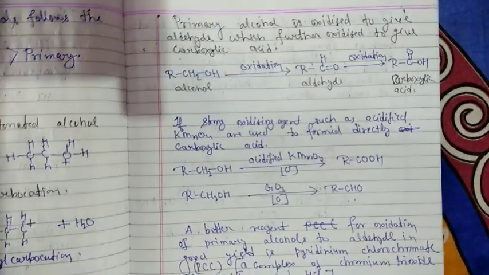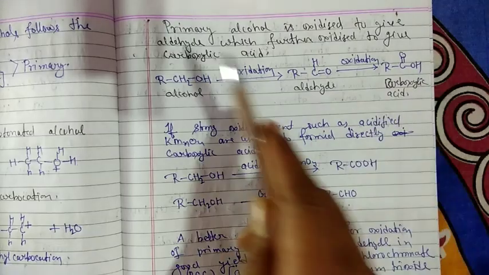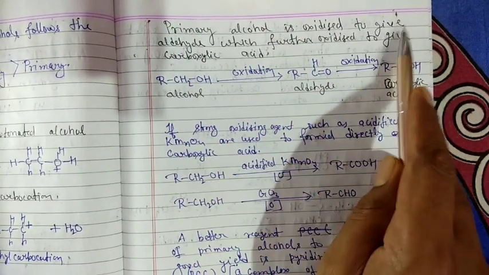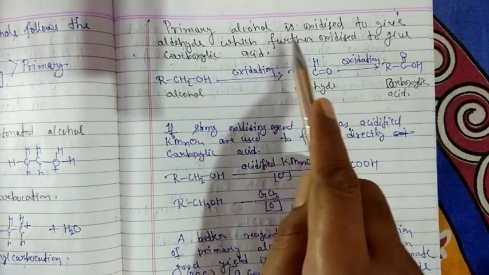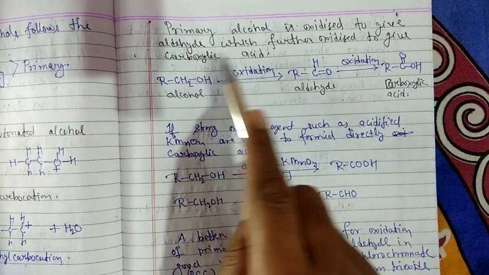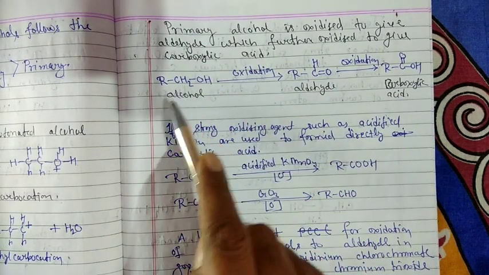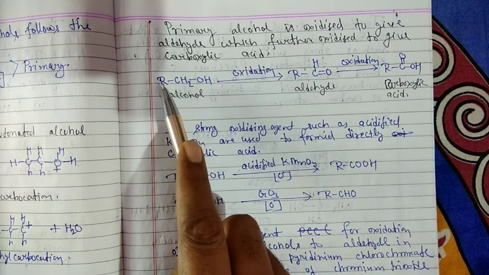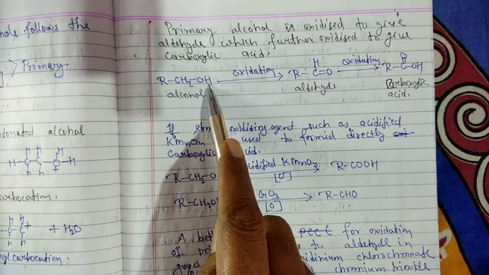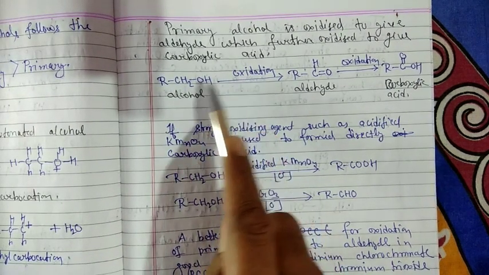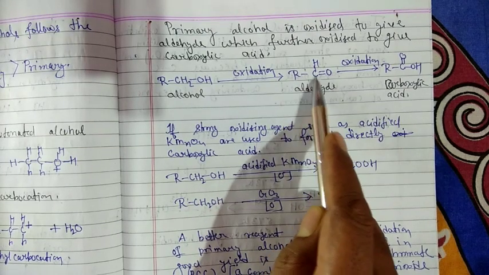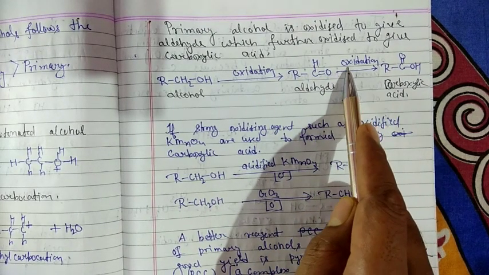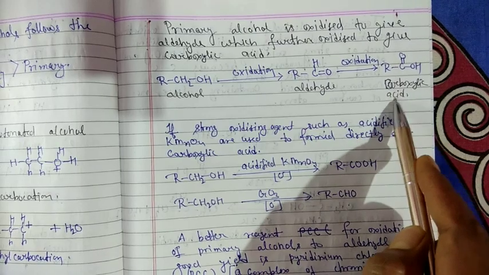Next, primary alcohol is oxidized to give aldehydes, which are further oxidized to give carboxylic acid. You watch here. This is the primary alcohol RCH2OH, which is oxidized to form aldehydes. This aldehyde is further oxidized to form carboxylic acids.